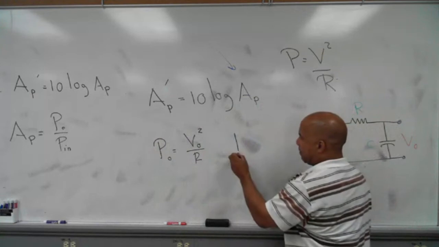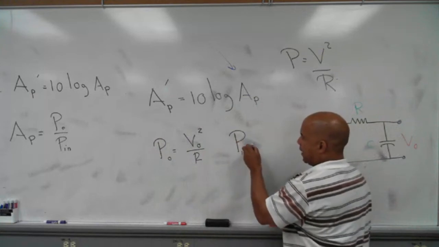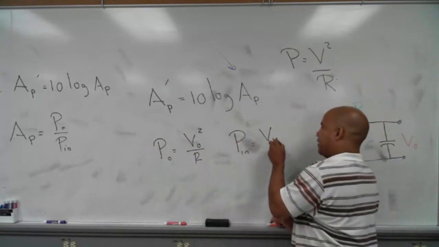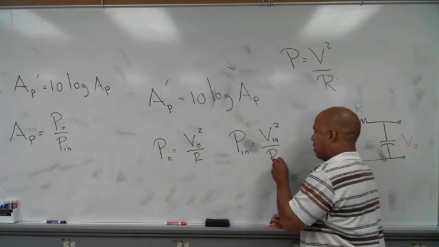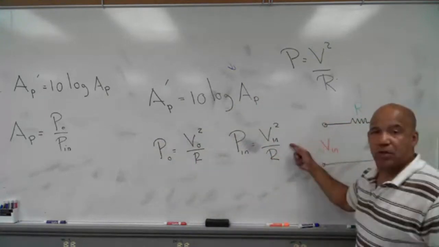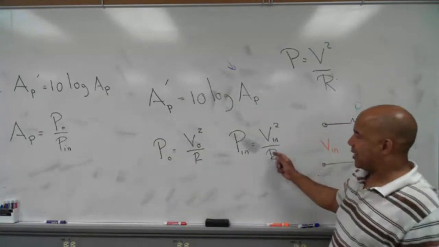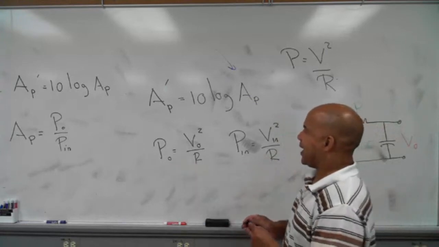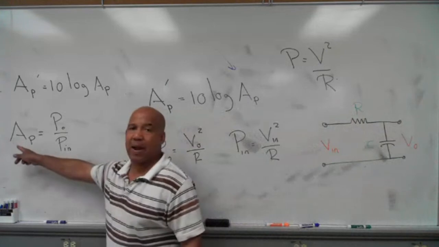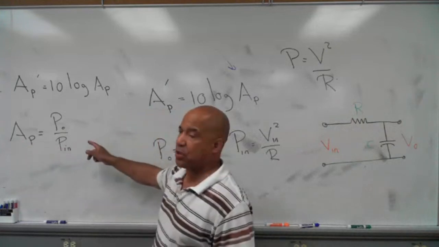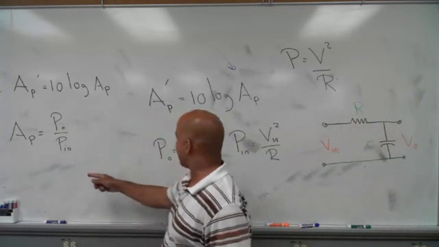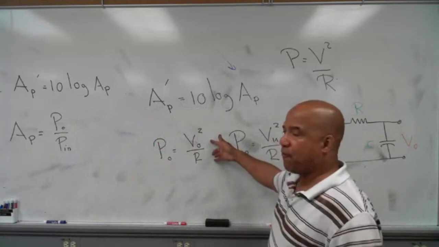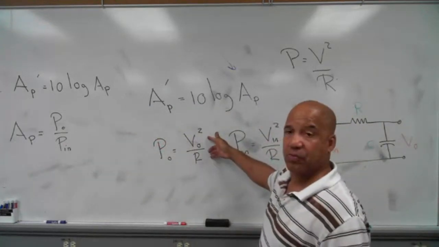And P in will just be V in squared over R, that common R, again using Watt's law. And since I have an expression for P out and P in, I can take this expression for power gain and substitute for P out and P in. I can get the same formula in terms of voltage and resistance.